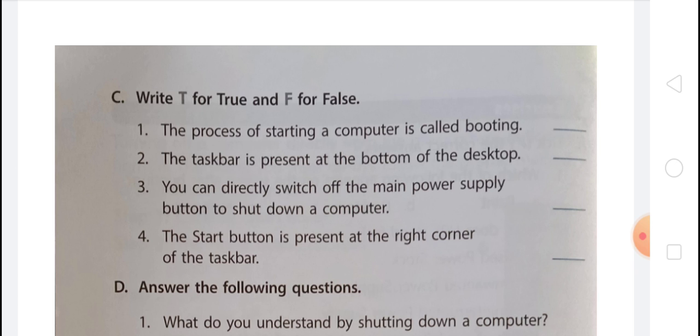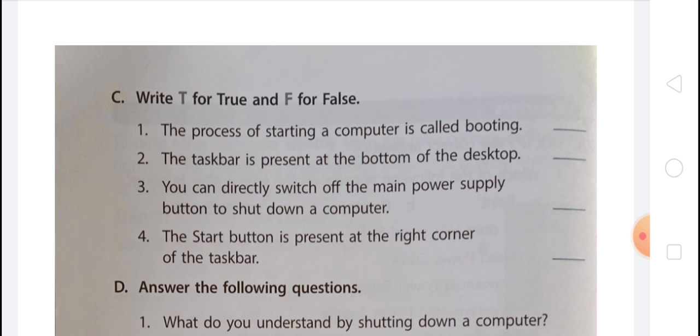Okay, let's revise again. First, switch on the power supply button. Second, turn on the uninterrupted power supply, that means UPS. Third, press the power button on the CPU box, and fourth, switch on the monitor. You can see that a picture is also given.